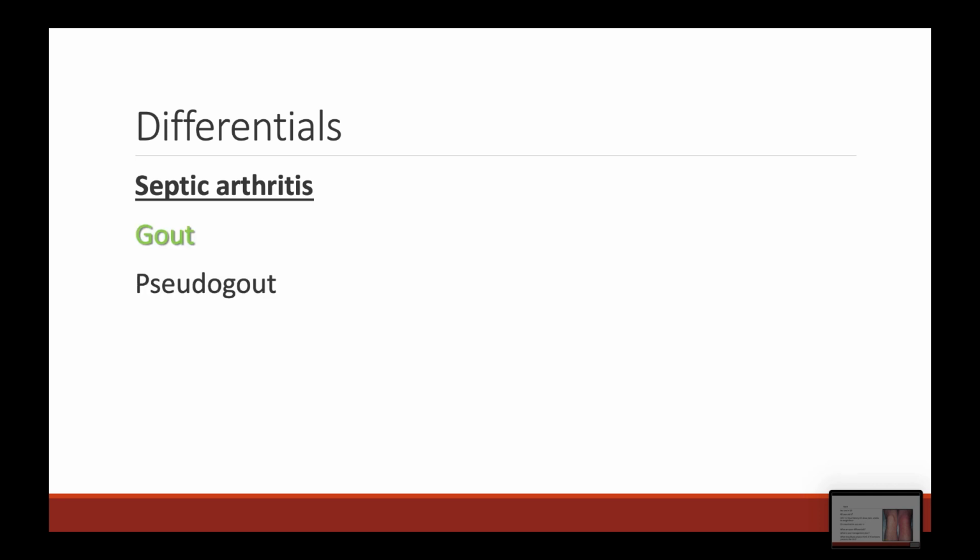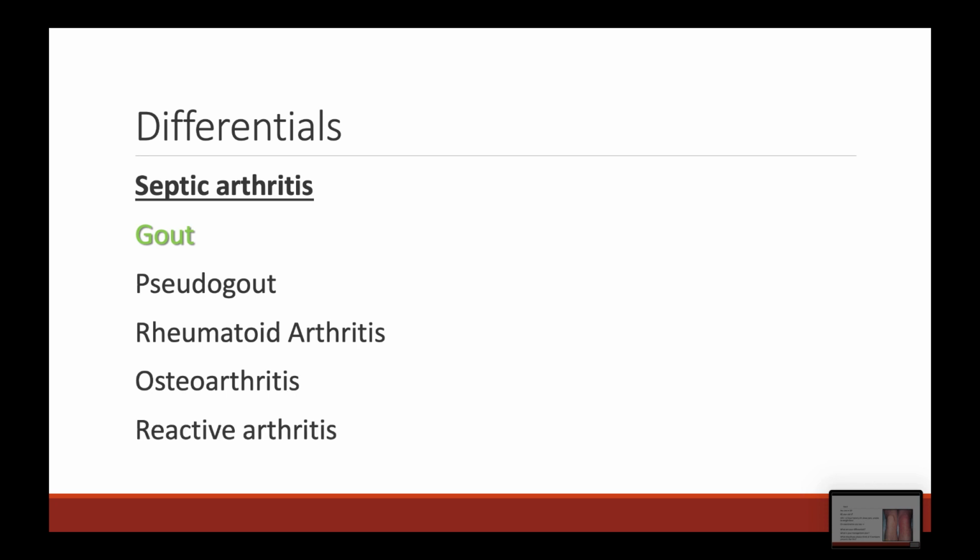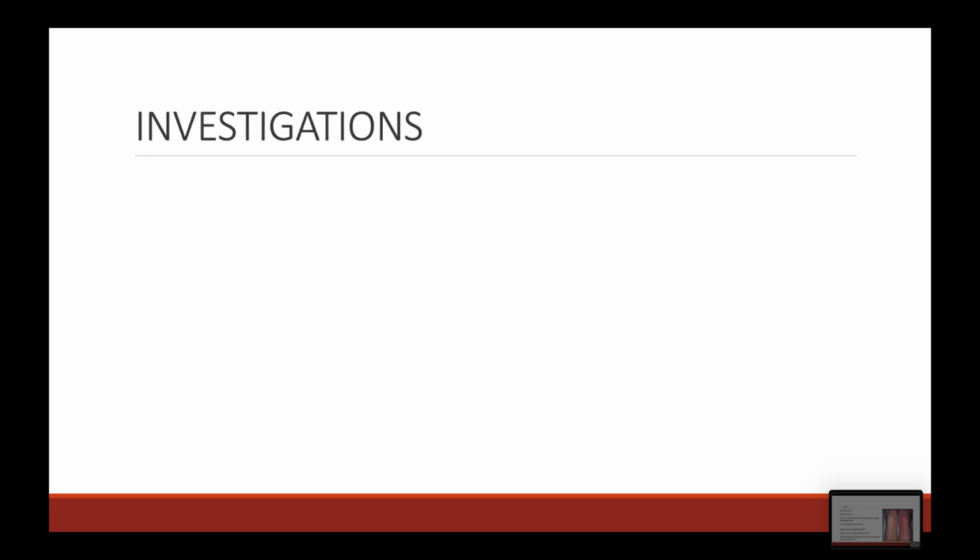And then you can think about gout, pseudogout, rheumatoid arthritis, as well as osteoarthritis, given that she has a history of arthritis. And obviously you want to rule out reactive arthritis as well. However, given her demographics and history, that's probably the bottom of the list as shown here.